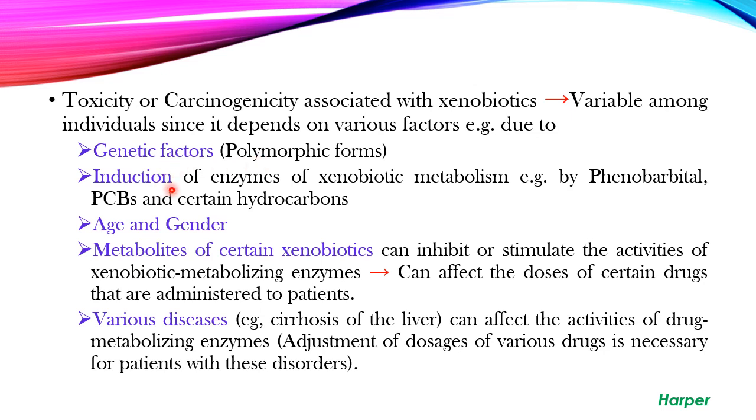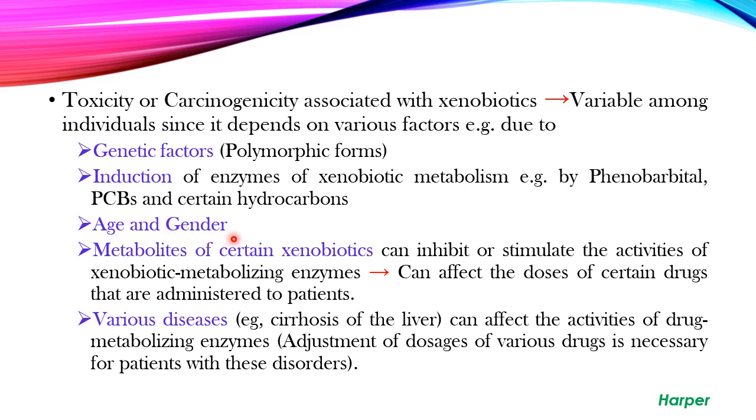Similarly, the mechanism of induction we have seen in detail in our last lecture, and this induction may also affect the activity of xenobiotic metabolizing enzymes. There are certain inducers, for example drugs like phenobarbital, then polychlorinated biphenyls, and even certain hydrocarbons, which may affect the activity of enzymes. And thus, the behavior of the xenobiotic in that particular individual will be different.